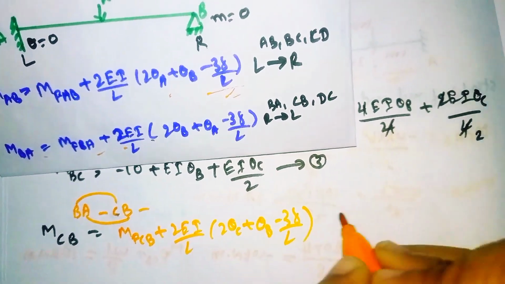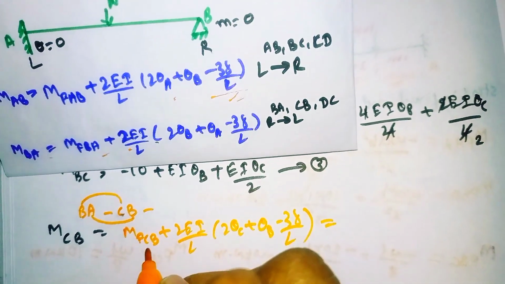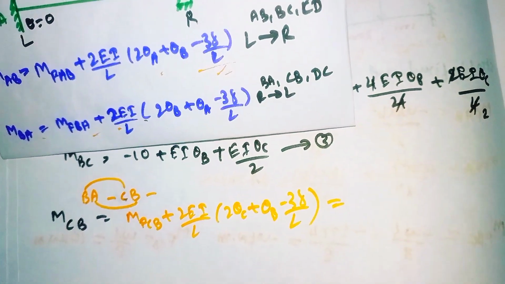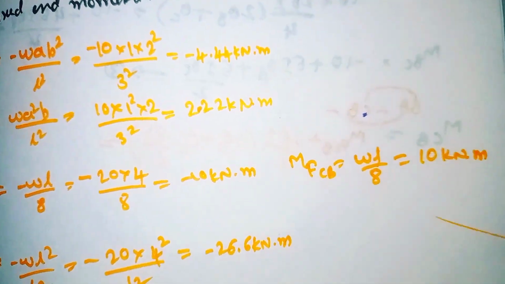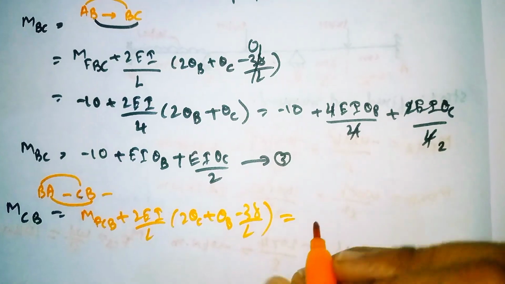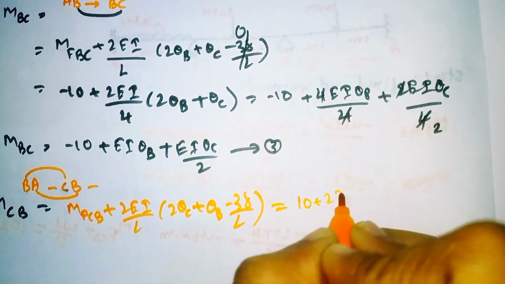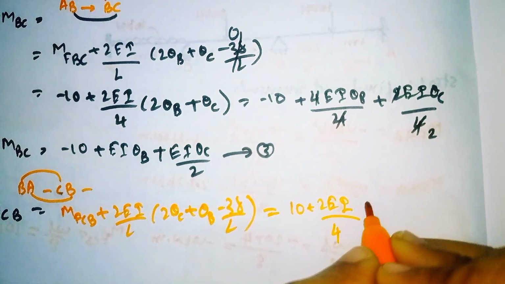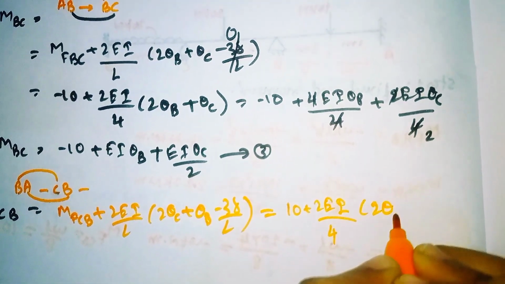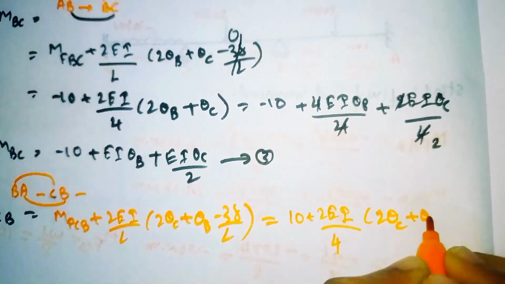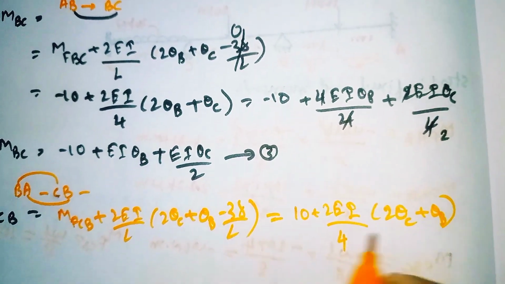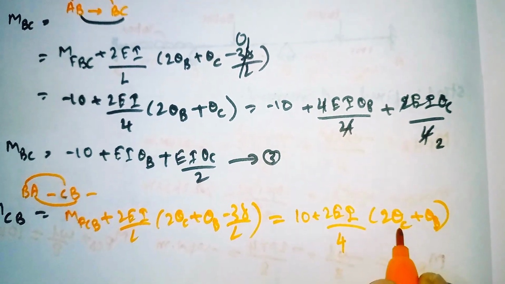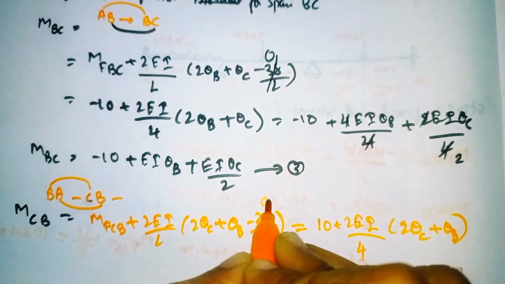Now substitute. The MFCB value we got was plus 10. So 10 plus 2EI divided by L, which is 4, and theta C plus theta B, because both have the hinged support, there will be some value. Again delta becomes 0.